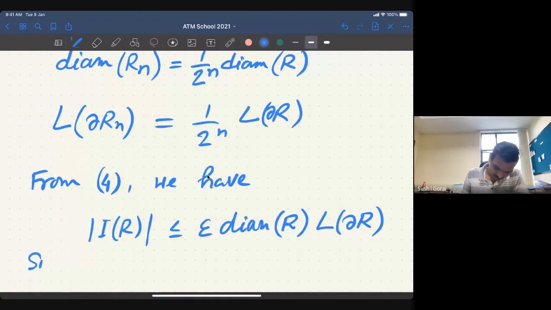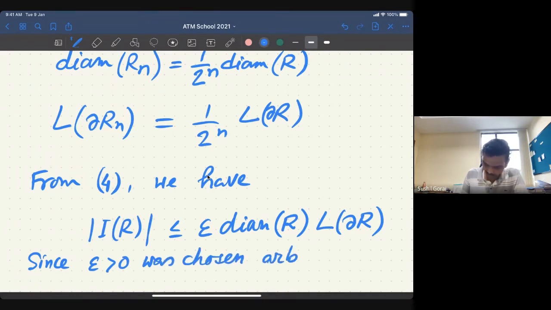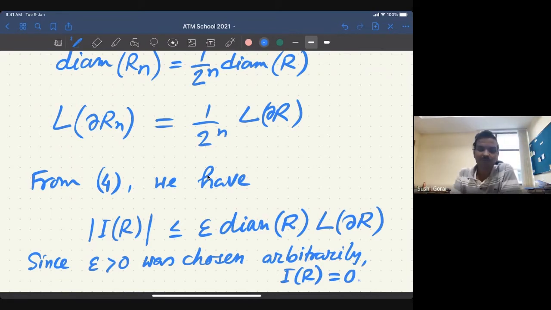Since epsilon greater than 0 was chosen arbitrarily, the integration, which is just I_R, is equal to 0. Yeah, the proof completes.